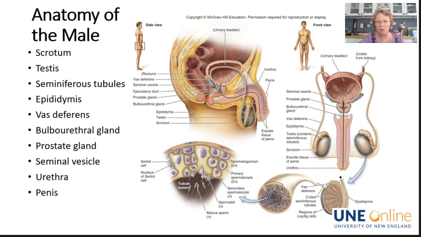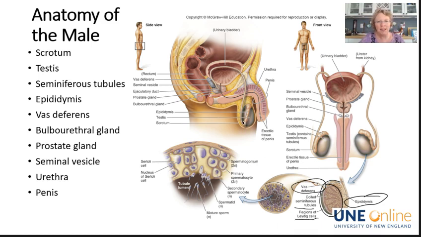If we look at more detail at the testis, right down here in the lower right corner, we see the seminiferous tubules. This is the site of sperm production. In between those, Leydig cells. The seminiferous tubules empty into a tube called the epididymis, which then empties into a tube called the vas deferens.